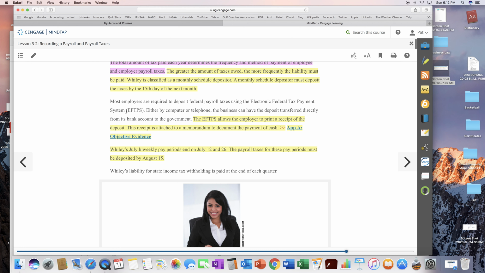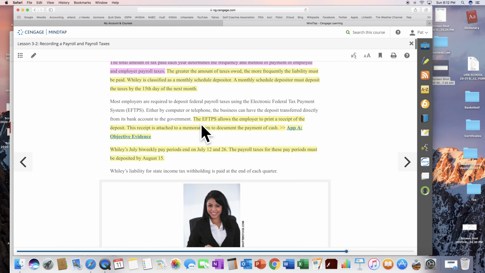But the memo, electronic funds transfer for the federal tax payment. The electronic federal tax payment system allows the payer to print out a receipt. When I pay taxes or if we get refunds, it just gets automatically taken out as a person is getting paid, put in with the refund.